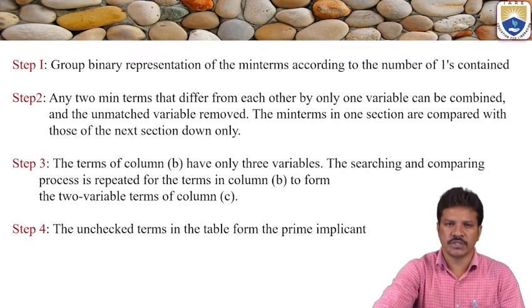In order to do this tabulation minimization for a given Boolean function, we have to follow these four steps. Step 1: the minterms listed in the Boolean function must be grouped. Group the binary representation of minterms according to the number of ones they contain.